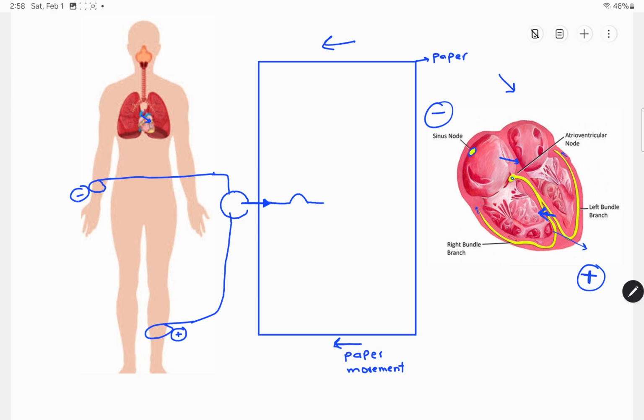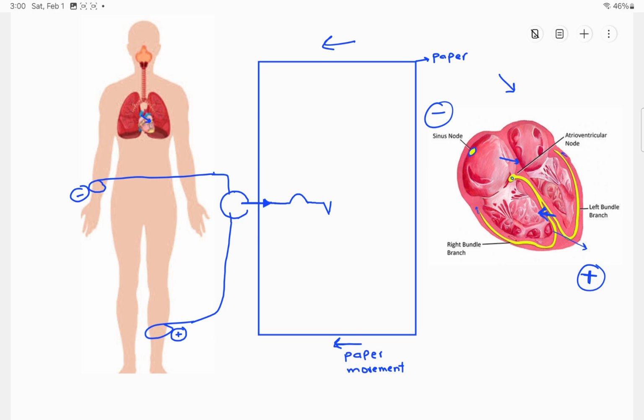If it is moving away from the positive, the deflection will be against. So if the needle was moving upward, now it will start moving downward. Because this is very fast, the needle will move fast. So the deflection will be like this, a small but very fast vector. Okay, so this is interventricular depolarization.